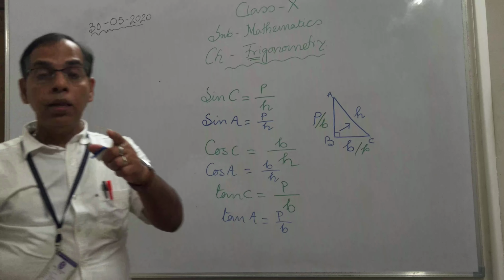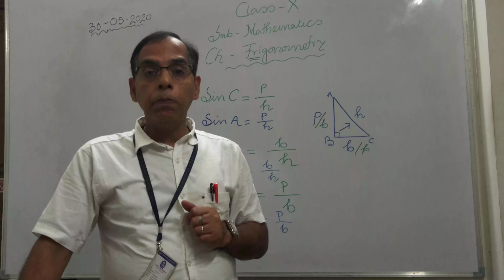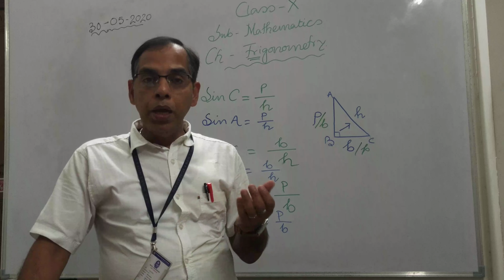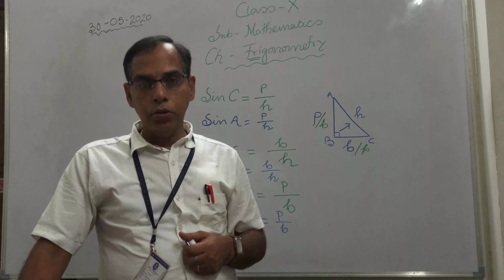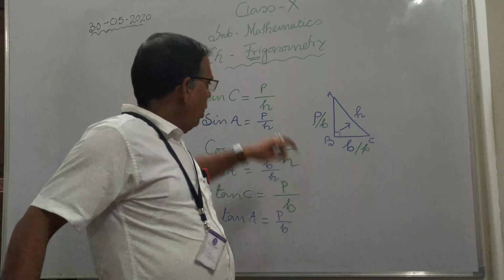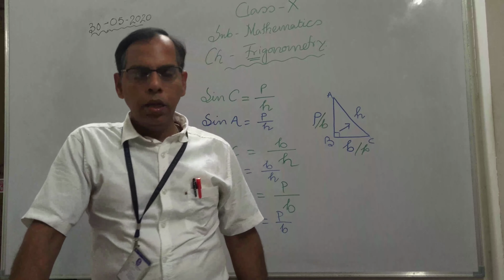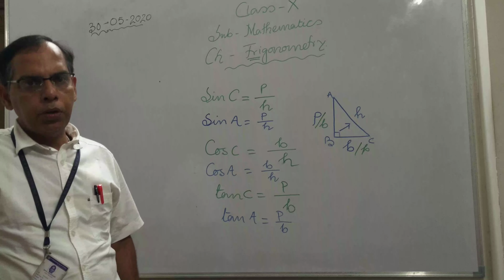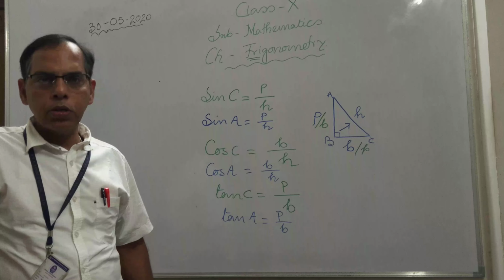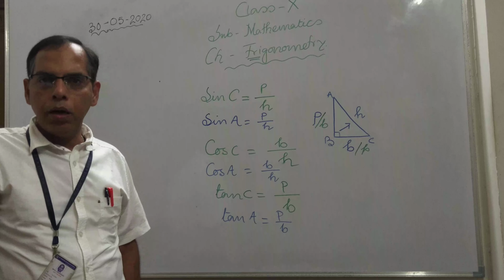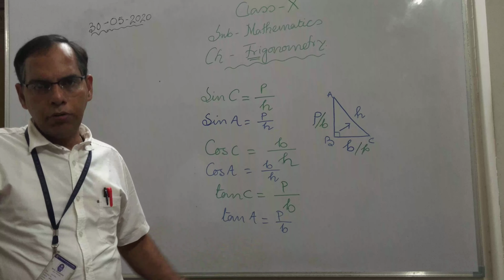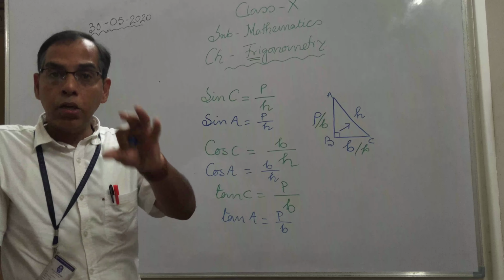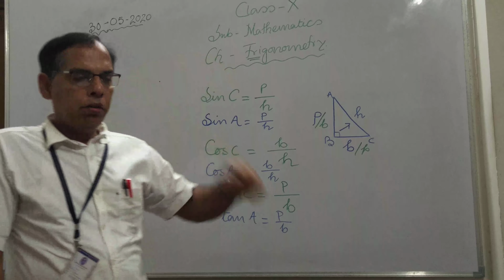Last time I explained to you that in a right angle triangle, the interesting thing is that base and altitude can be interchanged. Now when I have written this way, you can find there is no change. Sin is perpendicular by hypotenuse, cos is base by hypotenuse, tan is perpendicular by base, so there is no difference. But now let's see the actual sides. If you take the actual sides, what is the difference?